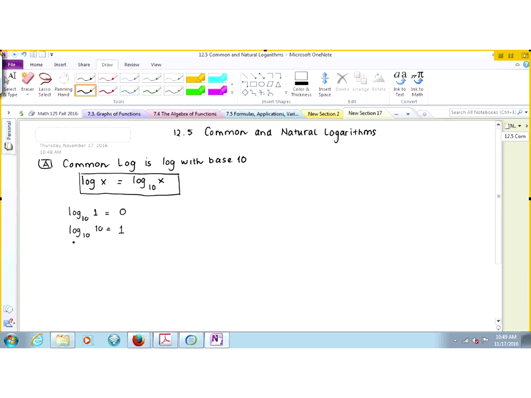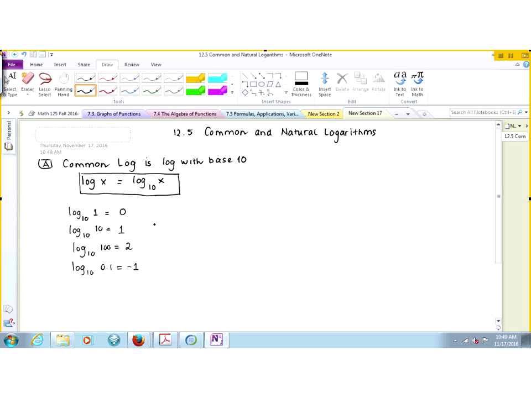Do you remember this? What is log base 10 of 100? 2, right? Okay. So what is log base 10 of 0.1? -1? Yes. Do you guys remember how to do it or not?